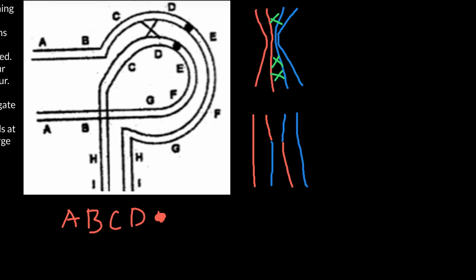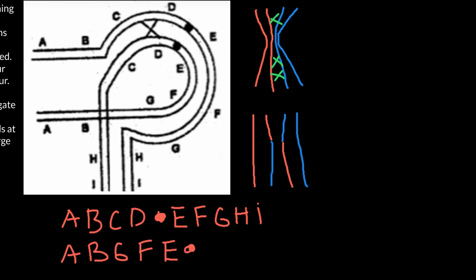Then we have E, F, G, H, and I. And the sequence, or order of genes, of the other chromosome, once again starting from here, would be A, B, then G, F, E, centromere, D, C, H, I.